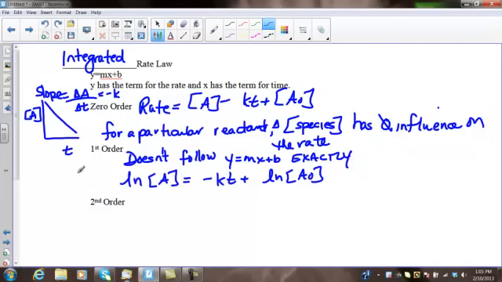This would be like the ln of A over T, a straight line. In this reaction, the change in the concentration will produce a proportional change in the rate.